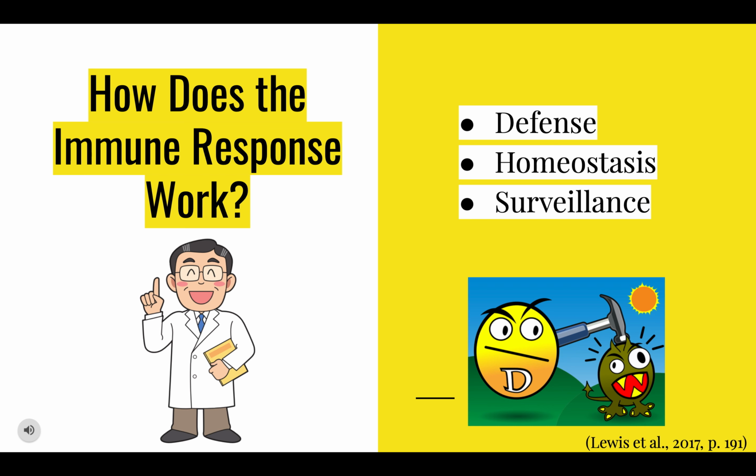Defense is the body's way of protecting itself against invasions by microorganisms and preventing the development of infection by responding immediately, attacking foreign antigens and pathogens. Homeostasis is the body's way of digesting and removing damaged cellular substances, and surveillance is just looking out for mutations that are common in the body and are normally recognized and destroyed before they can cause any issues for the patient.